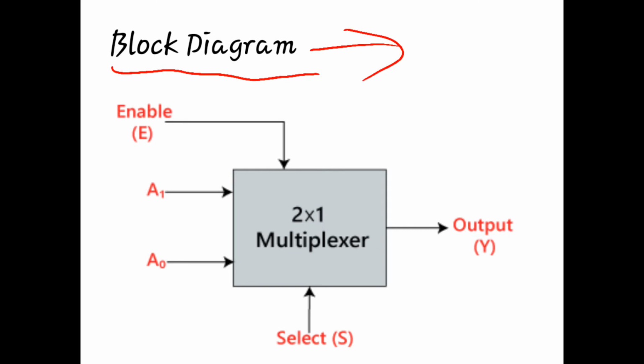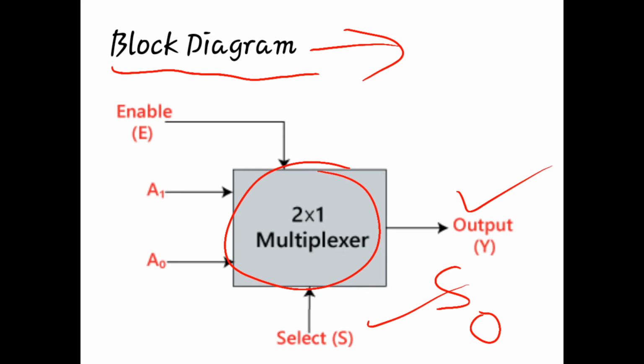It shows a 2 by 1 multiplexer with output Y, the selection line S, which in this example we have represented with S0, and two inputs A0 and A1. So this is the basic block diagram of a 2 by 1 multiplexer.